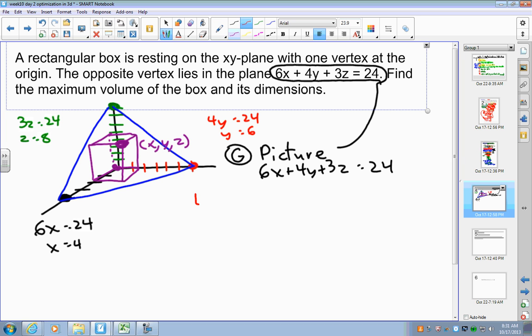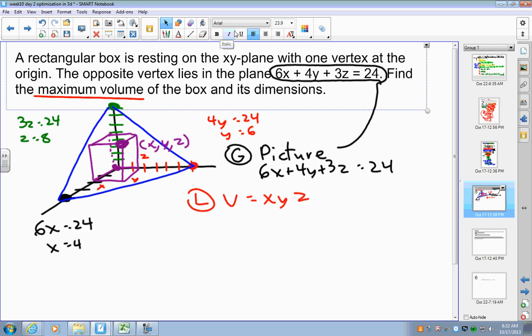Now my L is I want the max volume again. So volume is, if I have this as x, y, z, that's an x, that's a y, that's a z. X, y, z would be the volume, because the way I labeled the point. I guess I should have done it a little bit better.